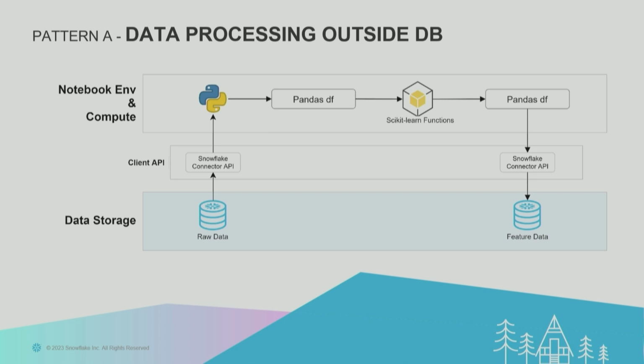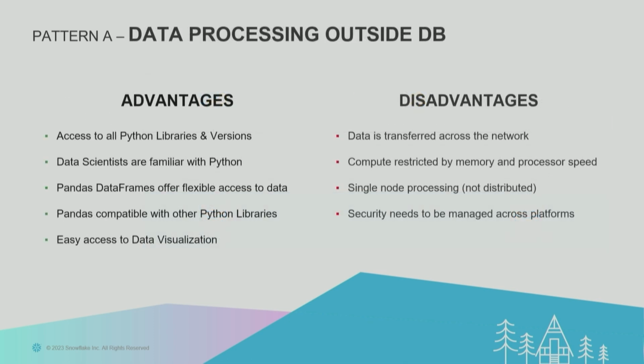So that's pattern A. What are the core advantages and disadvantages of this pattern? First of all, we're able to access all Python libraries and all Python versions. And this is important when we talk about some of the restrictions currently in Snowpark.